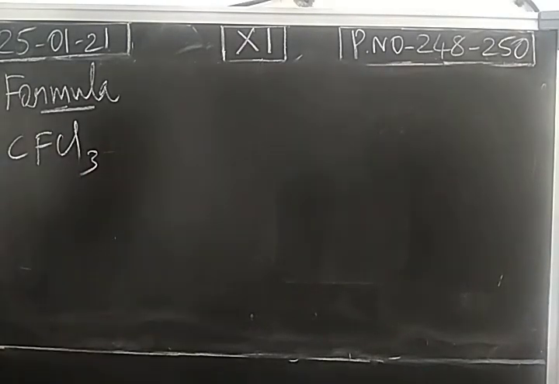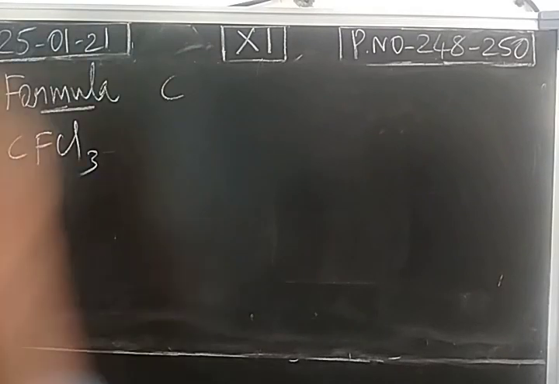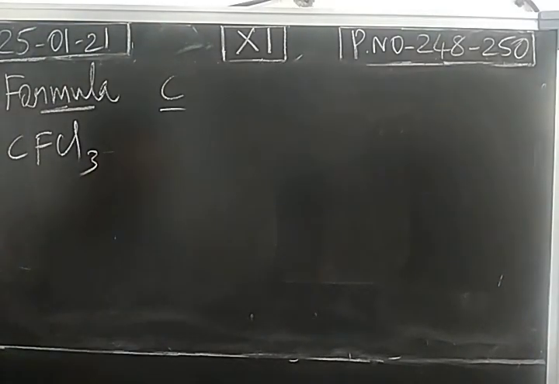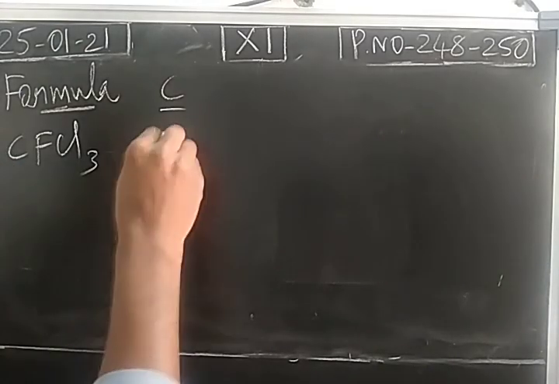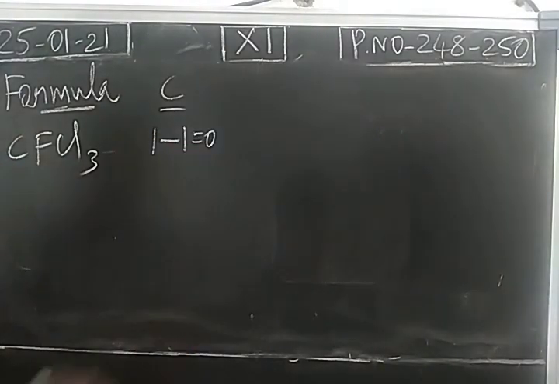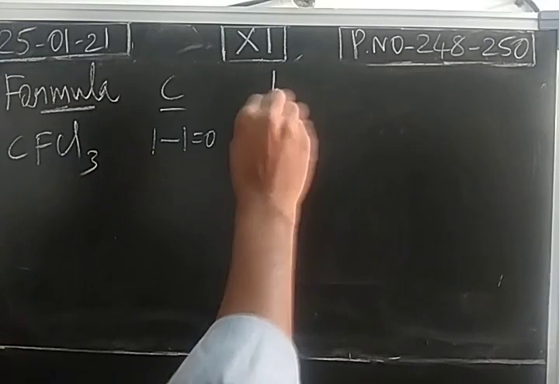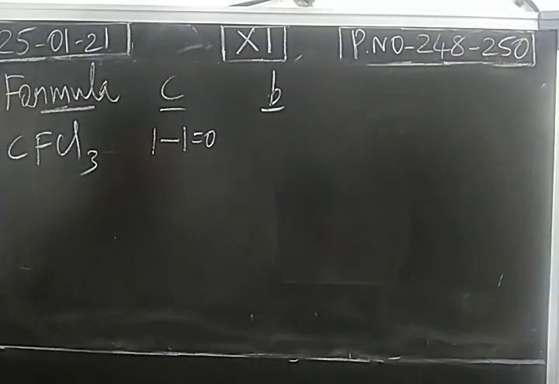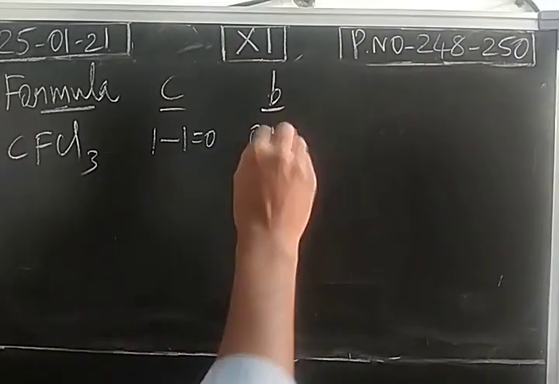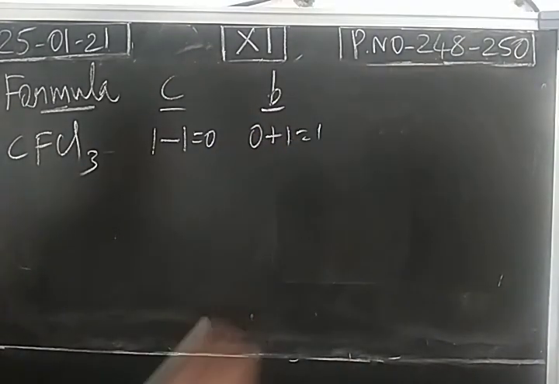How can we write the name? Using the general format freon CBA. First we calculate the C value. It's nothing but the number of carbon atoms minus 1. So here the number of carbon atoms is 1, minus 1, the value is 0. Next, B represents the number of hydrogen atoms plus 1. Here we don't have any hydrogen. All the hydrogen atoms of methane are replaced by halogens. Number of hydrogen atoms 0 plus 1 is equal to 1.